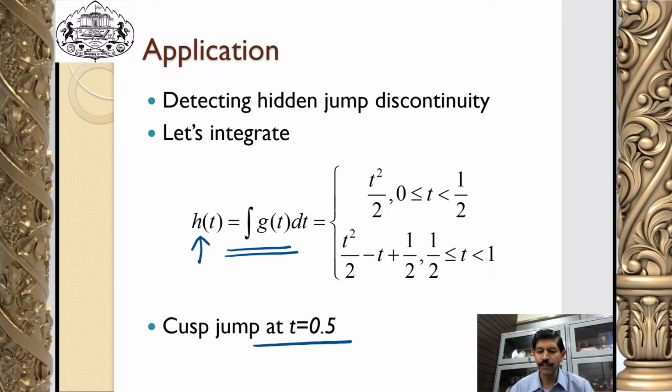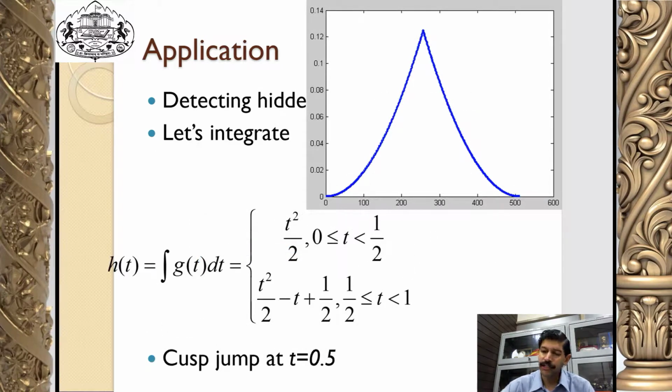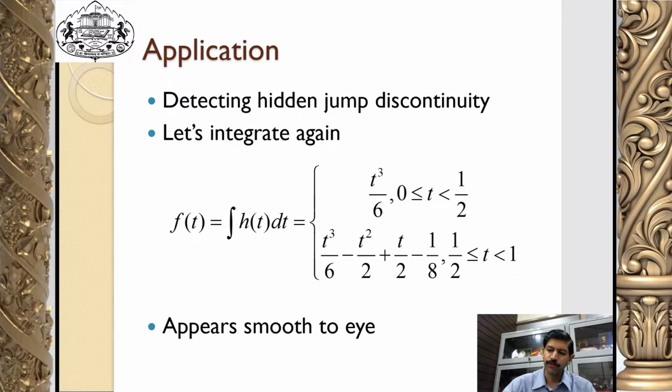And now if you integrate it once more, so the double integration of the original signal, that is f of t, then it looks like this.